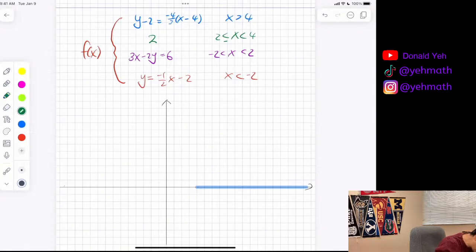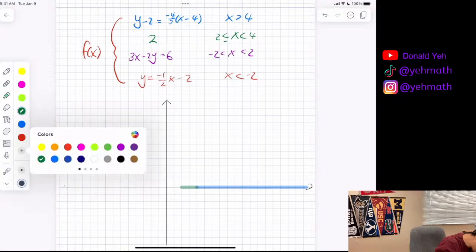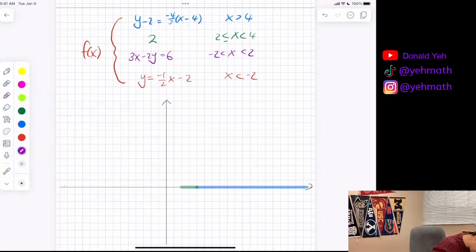The green function only graphs on the green, which is 2 to negative 2. The purple function is going to be here, and the red function is going to be from here to here. That's not a graph, by the way. That just tells you the red function is going to start here to here, the green function here to here, the purple function here to here. Are we okay here? Okay.